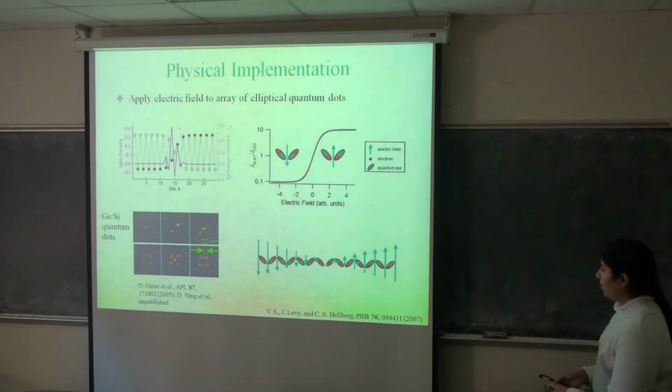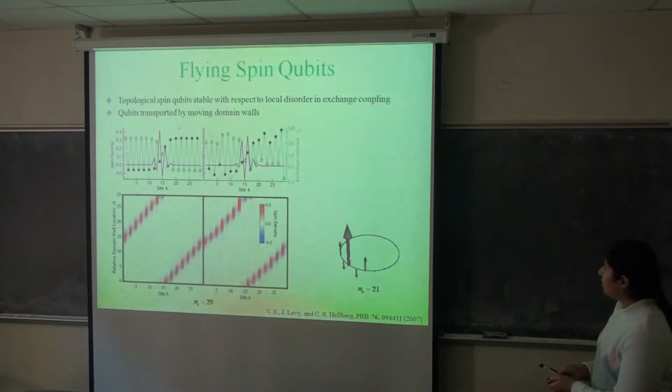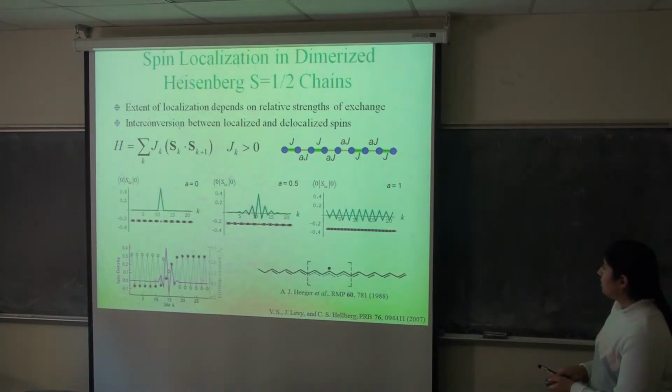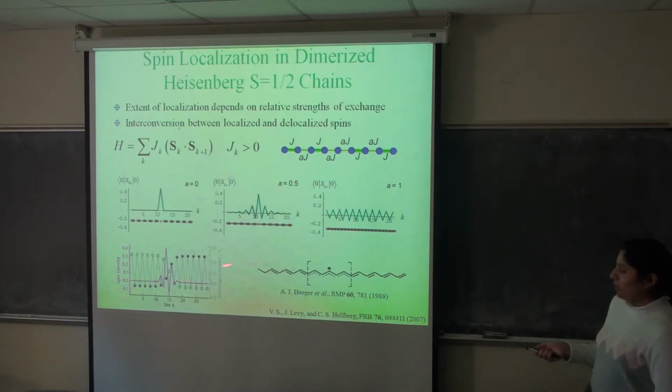Let me back up a little bit. It's actually the fact that there is this domain wall in the whole system. It doesn't matter so much how wide it is, how many spins it covers, but it just matters that there is a domain wall in the system. And that localizes the spin density on some scale.